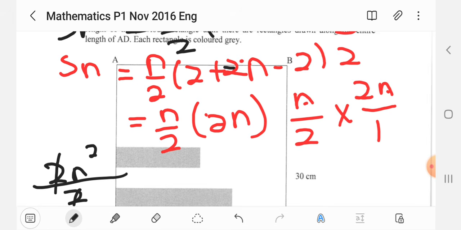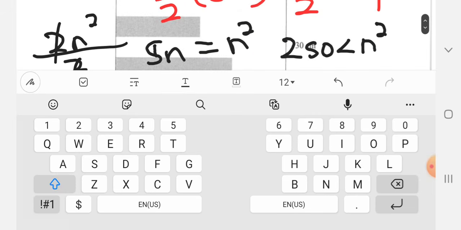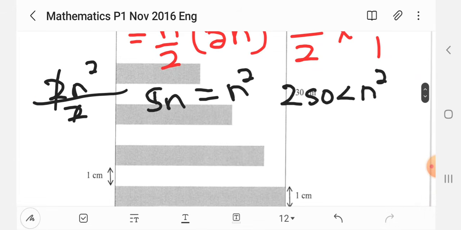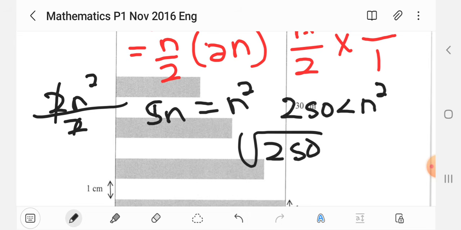So 2 divided by 2, we have that Sn equals n squared. So n squared has to be greater than 250.